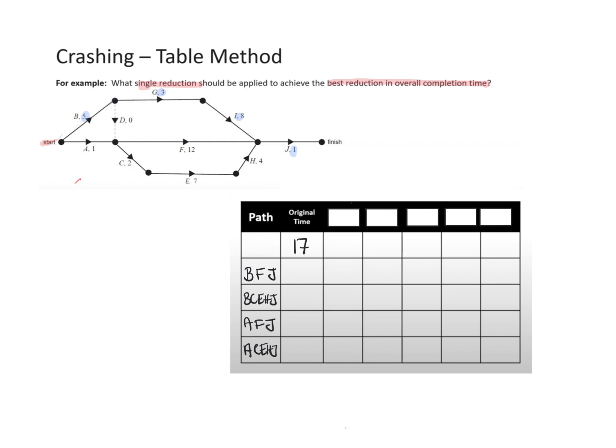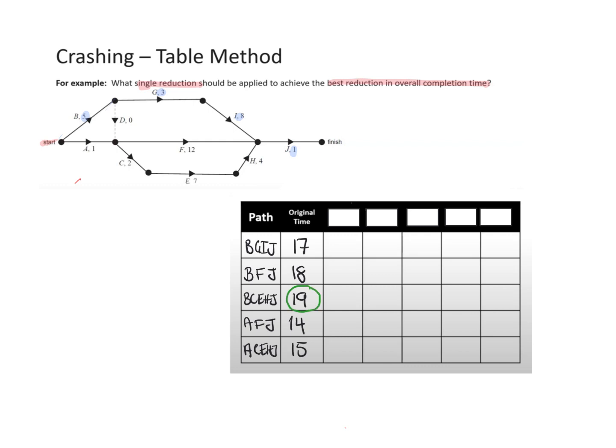Sorry, I deleted that one by accident: B, G, I and J. These were the times for the other ones. Once you've got the original path times, we can see the critical path. 19 is the biggest, so that's our critical path.